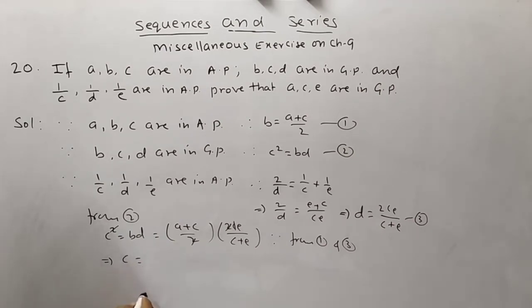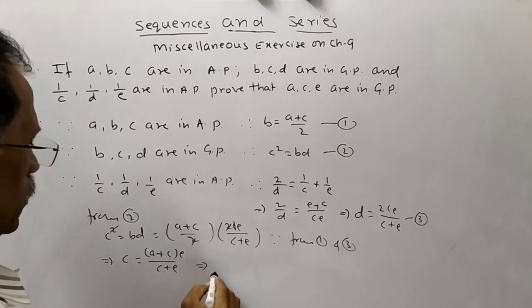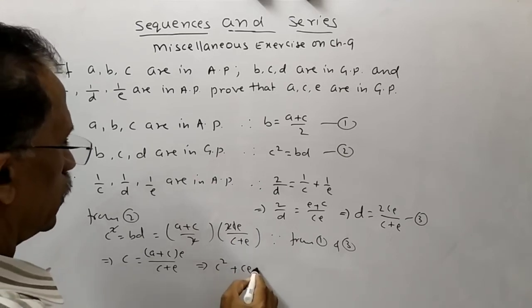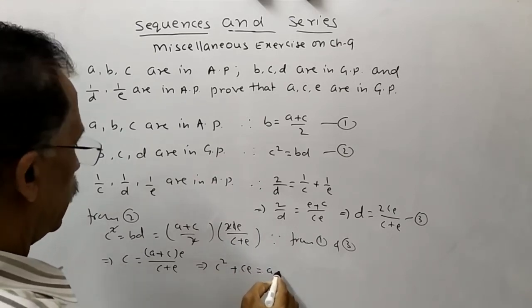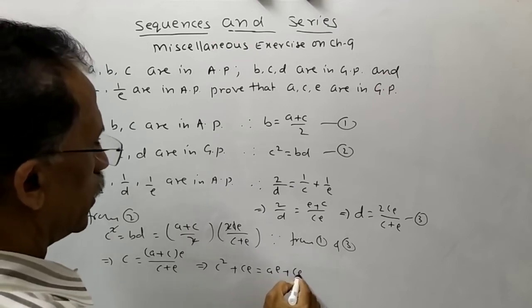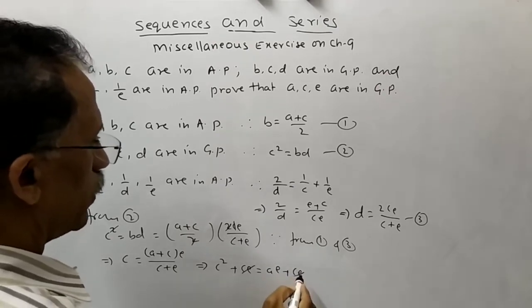C is equal to A plus C into E divided by C plus E, which implies C square plus CE is equal to AE plus CE. CE and CE we can cancel.